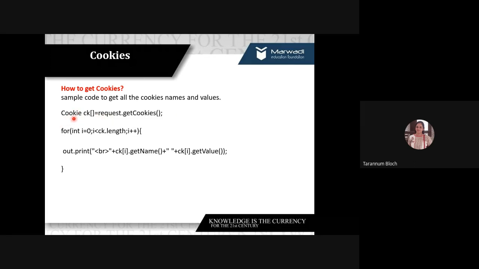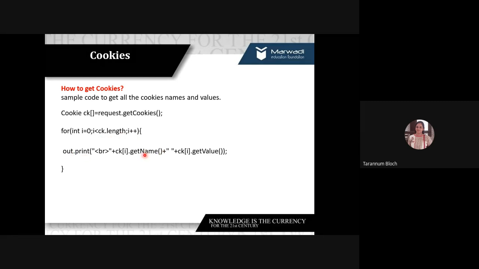So we are writing the Cookie object name, and we have added the square brackets, which means it's an array. Now I'm accessing all these array elements, taking a for loop, i equal to 0 to i less than ck.length. Mind well, length is an attribute of the array ck. That's why parentheses are not used. It's not a method in Java. With an array, length is an attribute. So we are writing ck.length, i++.